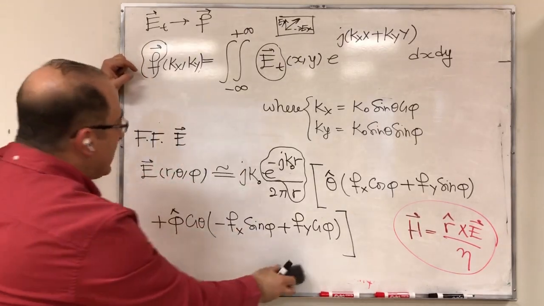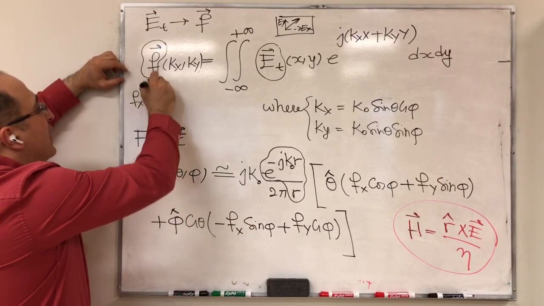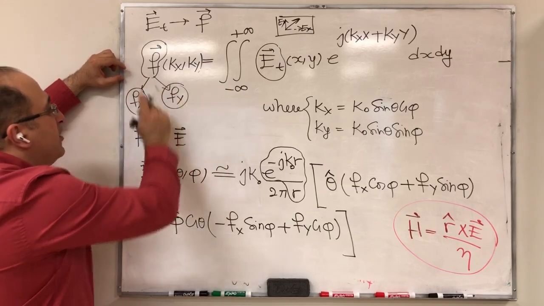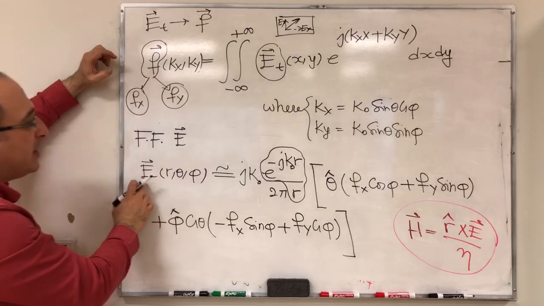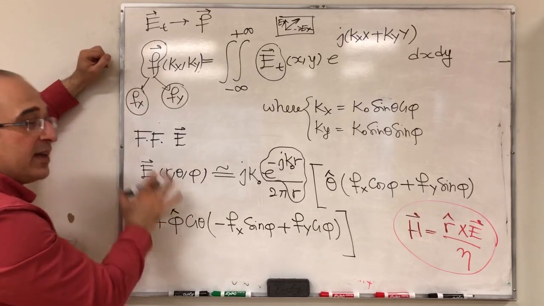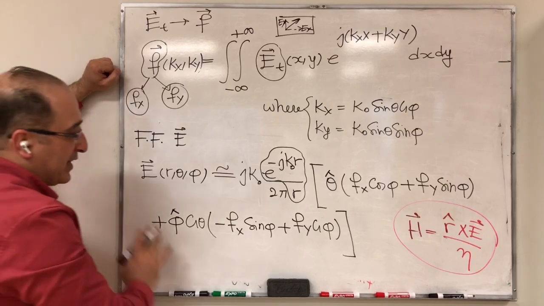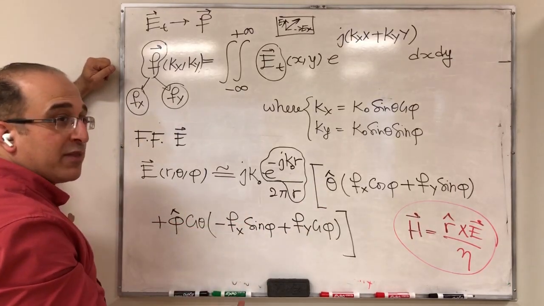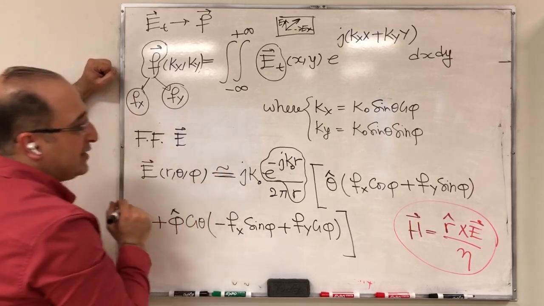And knowing this F, it could generally have two components, F in the X direction, F in the Y direction. And then you're going to have these two, and then you're going to come here and calculate your far field electric field. Again, I emphasize, this is far field electric field. In fact, the approximation used to get to this is something called method of stationary phase, and that's valid in the far field.